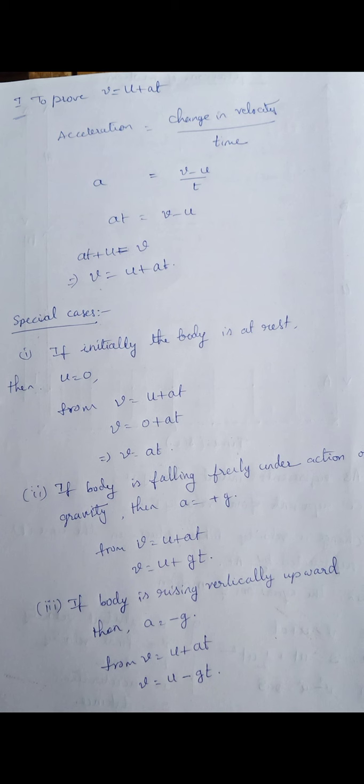In the place of a, if you substitute plus g, then v is equal to u plus gt. If the body is raising vertically upward, then a is minus g. Then in the equation, if you put in the place of a minus g, then v is equal to u minus gt. This is the first equation.